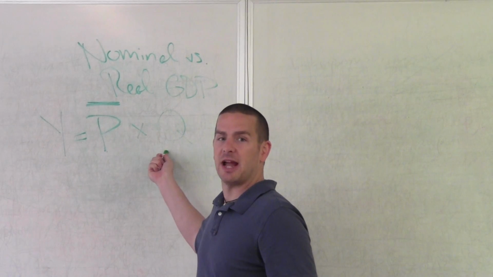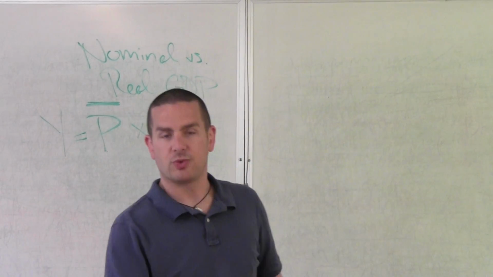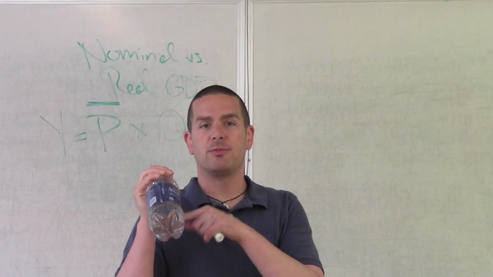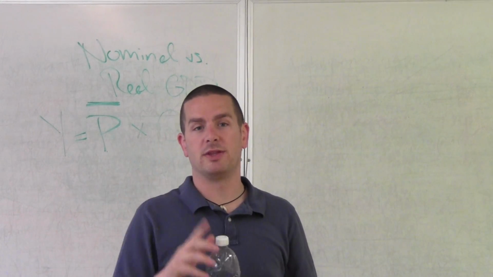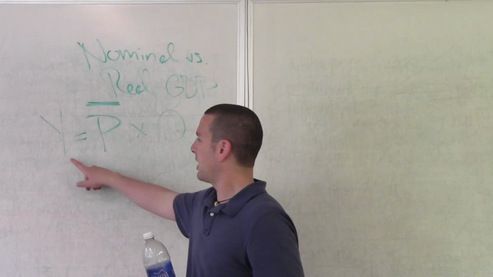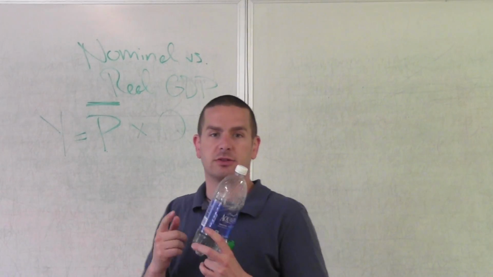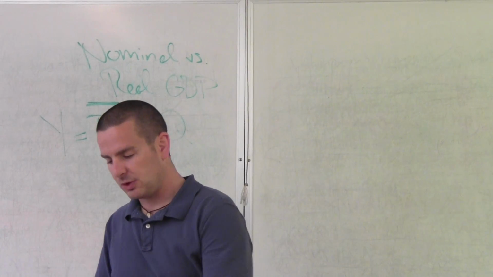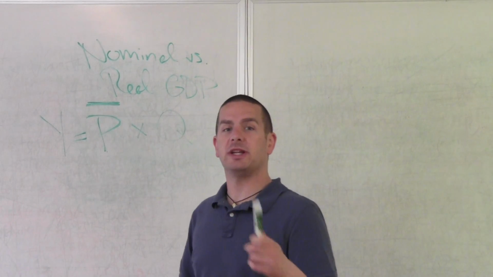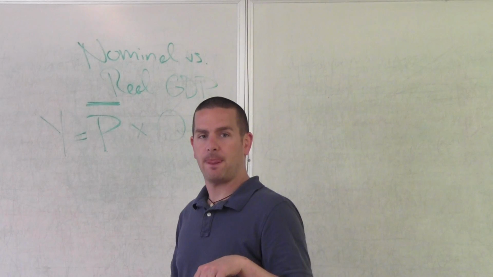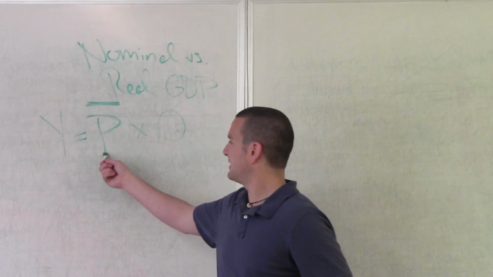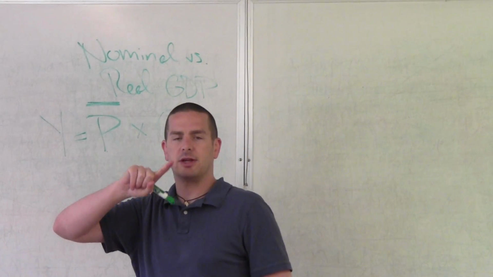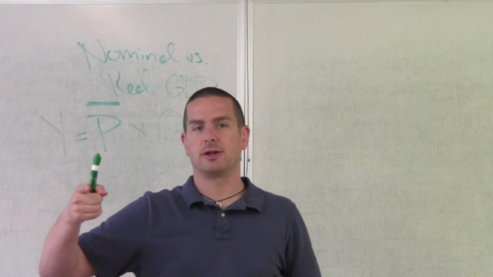So what we do when we're comparing, say, 1990 and 2010, is we take the quantity from 1990, which was 5 million water bottles, and we multiply it by a price level of $1. So that gives us $5 million for GDP. Then, to calculate 2010 GDP, we say the price level is still going to be $1.